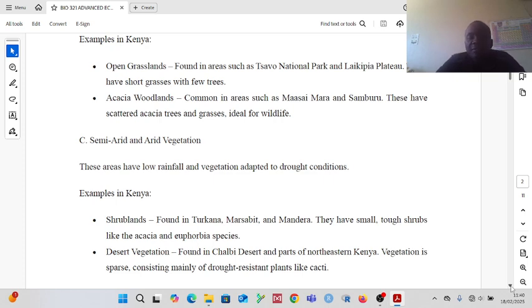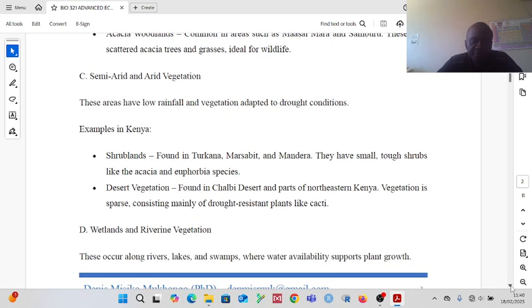And therefore the vegetation that we find in these areas should be having the adaptations to those conditions of low rainfall, so the drought-like conditions. The examples we give for this, for example, are the shrublands, which you find in areas like Turkana, Marsabit, and Mandera. So most of these areas will have those small tough shrubs like the acacia, like the euphorbia species.